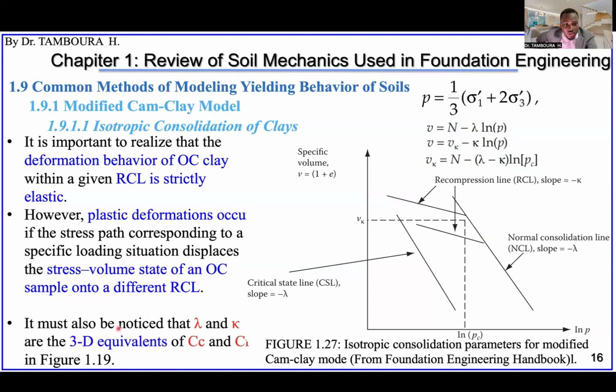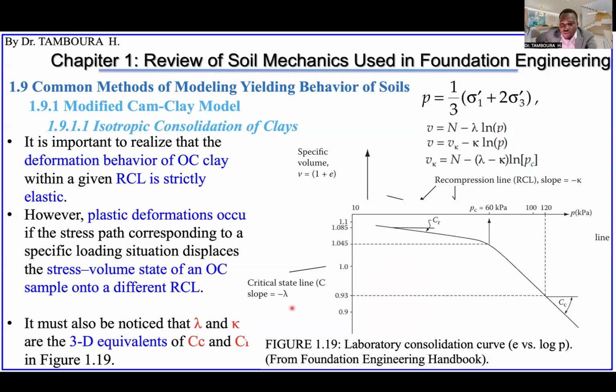We must also notice that we have here lambda and K in this equation, these two. These correspond to the same as CC and CR in this figure, the compression index and recompression index.